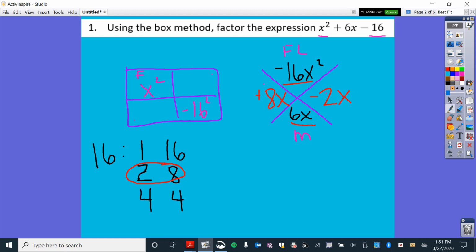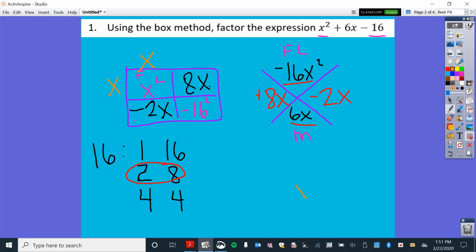So now that we know that, we're going to plug that into our box. So we're going to plug in an 8x. Doesn't matter in which box you put them in, and your negative 2x. Okay. Now, we're going to fill out the outsides of our box. Now, what's the only thing that multiplies to give you x squared? Well, only x and x multiply to give you x squared.